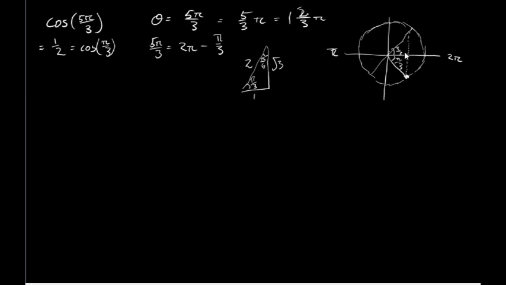And because we've got symmetry properties, I can say cos of 5 pi on 3 is the same as cos of pi on 3. So because they're both the same, my final answer would be cos of 5 pi on 3 is simply a half.